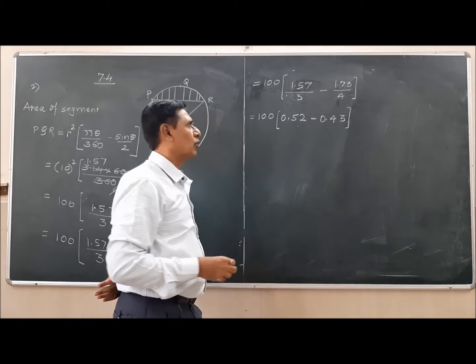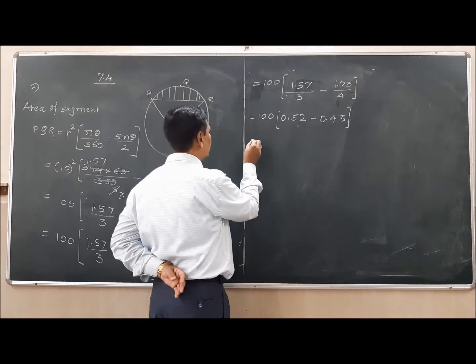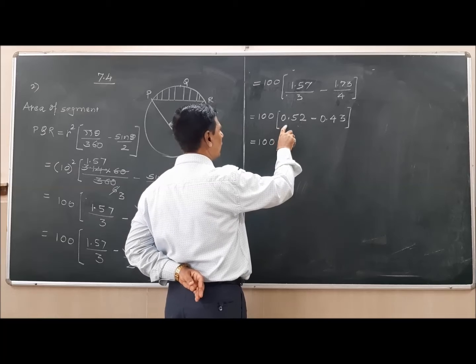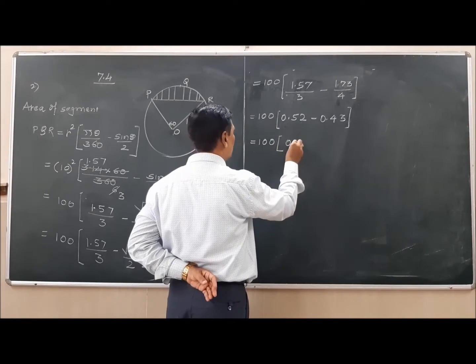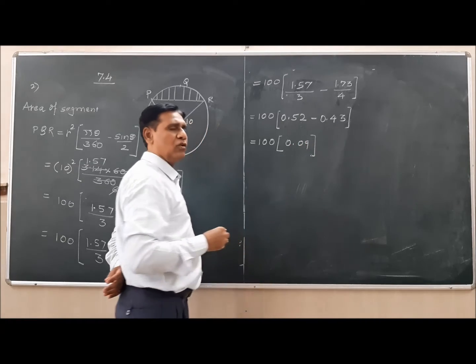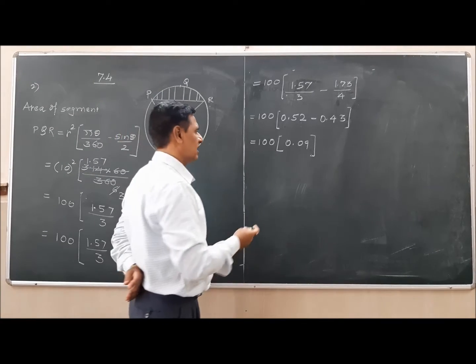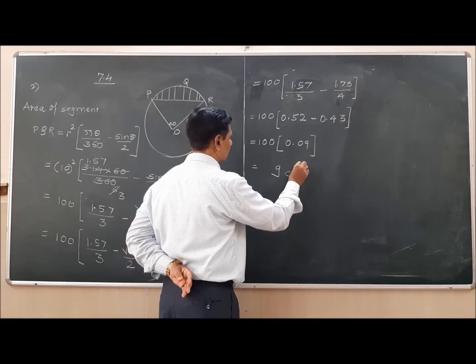So that is 0.43 till 2 decimal places. So 100, 0.52 minus 0.43 is 0.09. If you multiply 0.09 by 100, straight away you will get answer as 9 centimeter square.